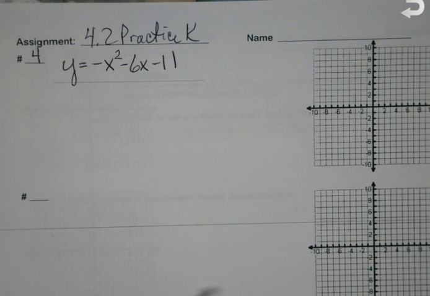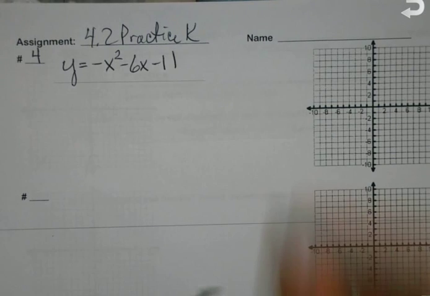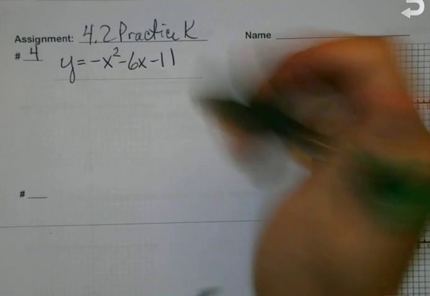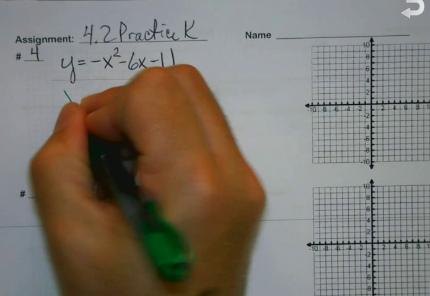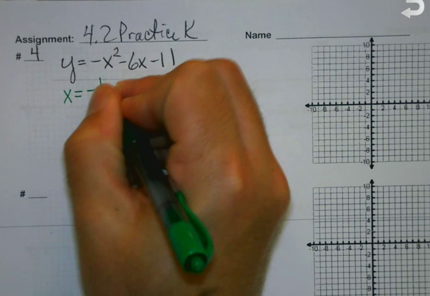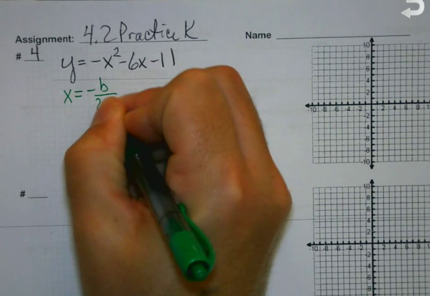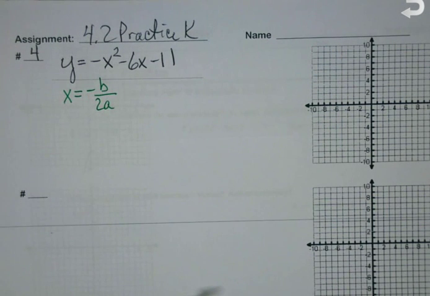So I look at this and I say, okay, if we go after this the way that we did yesterday when we were doing standard form, my first thing I'm dealing with on all of these is to find my x value. I'm going to use this little mini formula, this negative b over 2a.